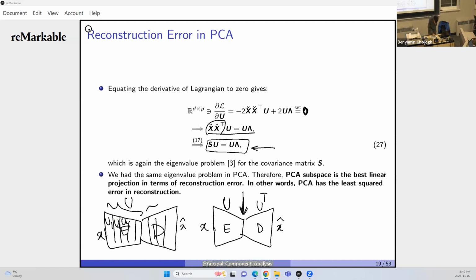You can see the whole thing also as U transpose. That's why it's important not to forget activation functions in a neural network. Otherwise, it's nothing different than PCA, at least for an autoencoder. And it's important that PCA has the least squared error in reconstruction. It's very important.